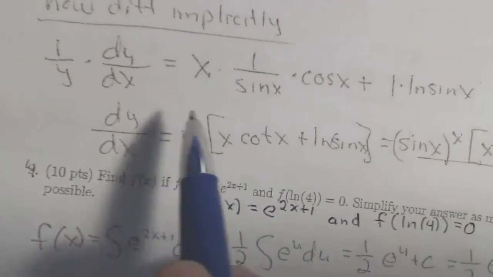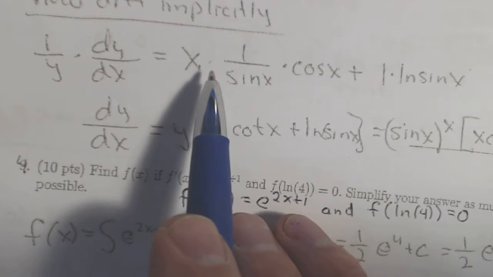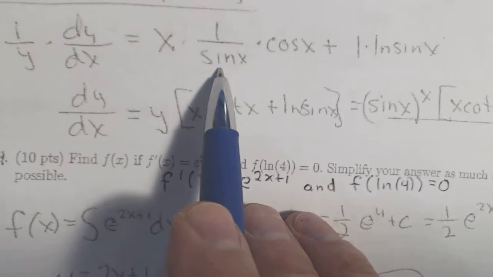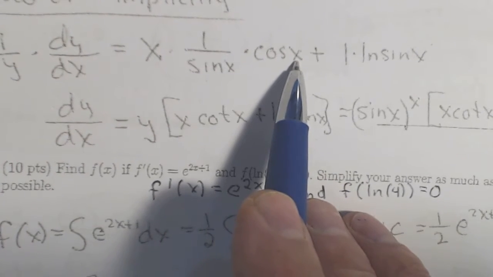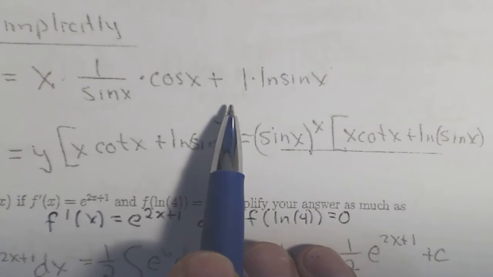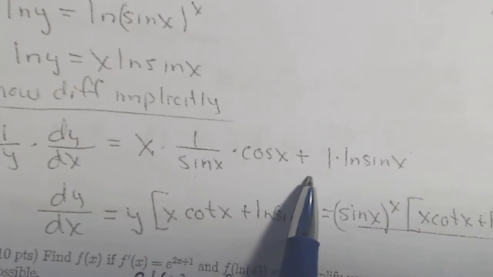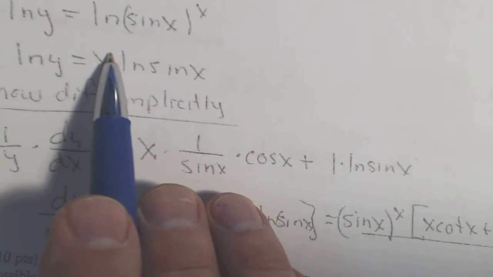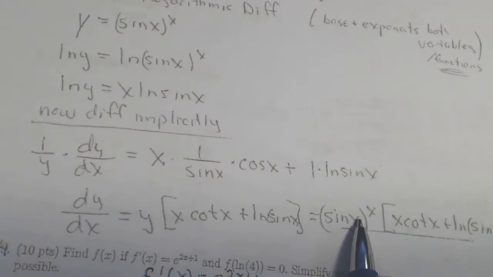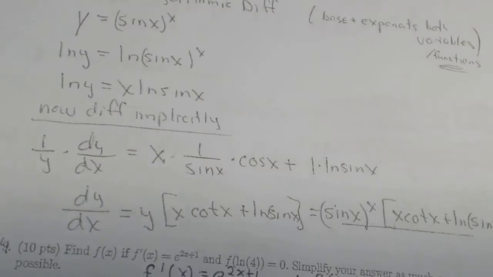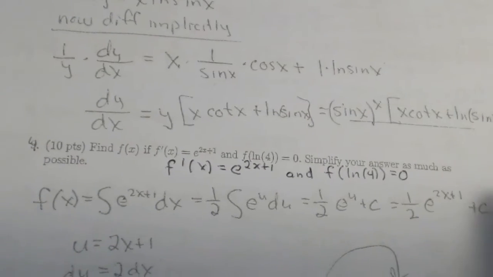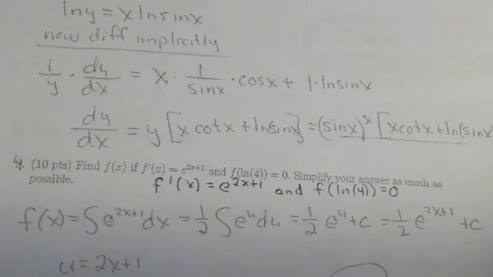Okay, so on back to where we were, we've got 1 over sine x, that was the 1 over u, times u prime, cosine x. Remember, we were doing the derivative of ln sine x. Now plus, now we're going to do the derivative of the x term up here and leave the ln sine x alone. Okay, so we've differentiated implicitly. Next step, we're just basically solving for our dy dx.